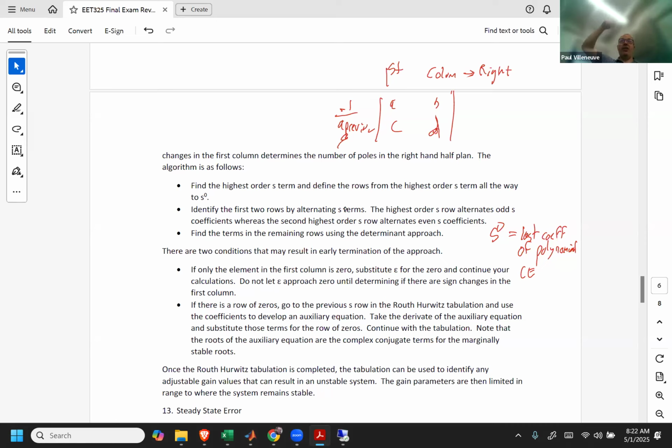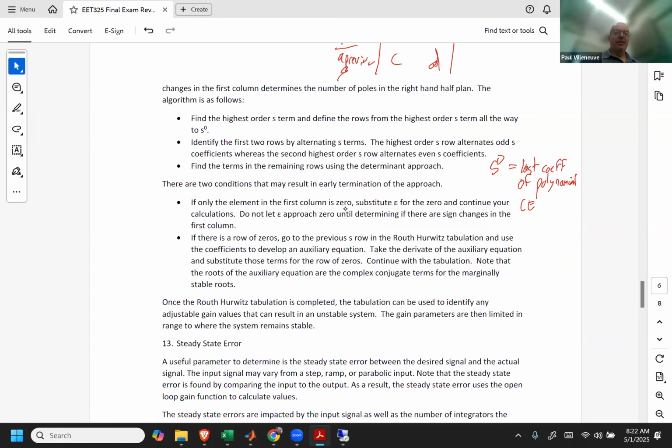The auxiliary equation also tells you the j omega axis crossings as well. You should always check number 1 here before you move to item number 2. If you have a full row of zeros, you don't do the little epsilon approach. So check to make sure you have a row of zeros or not before you substitute the value of epsilon.